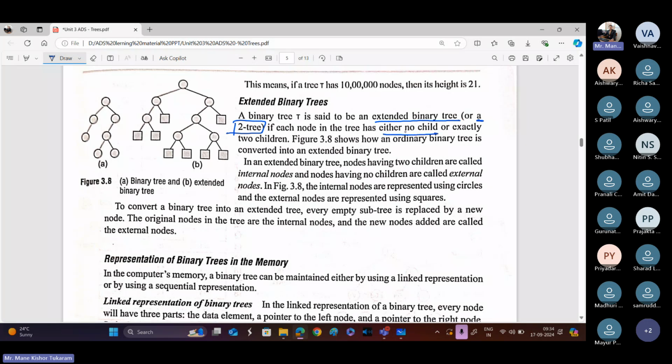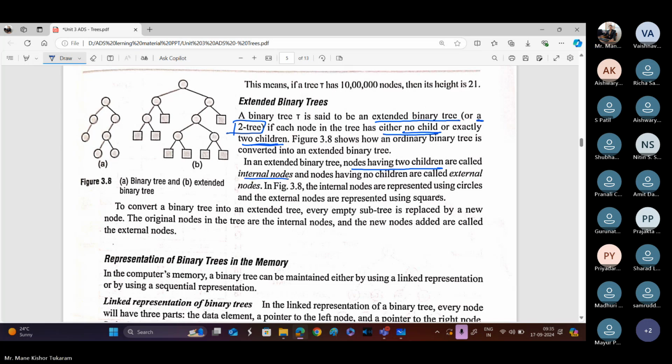No children is the same as our complete tree, or exactly two children, so only the first criterion is satisfied. In the complete binary tree we have another criterion, that most elements are at the left side. But in the extended binary tree, only one criterion is required, that the node has either zero or two children.